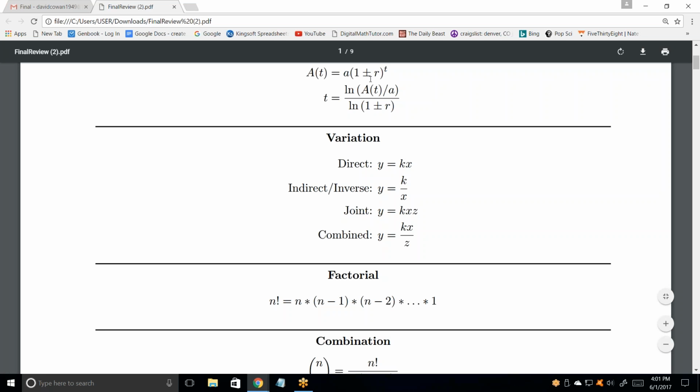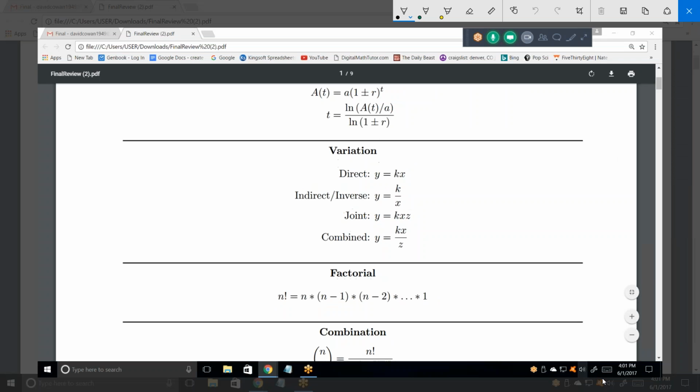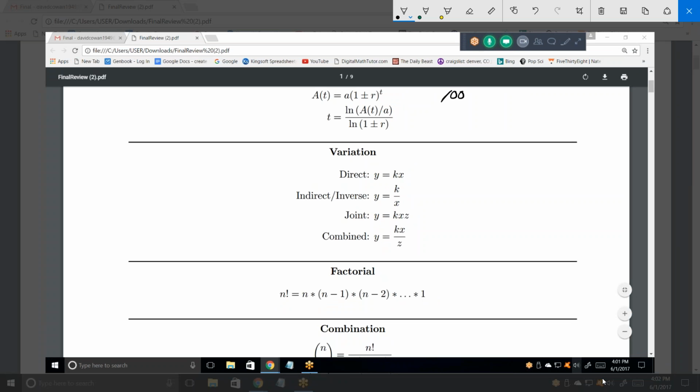I asked you how you would do it, and you said you would take 100, multiply it by 1.09. That's what you'd have at the end of the first year, right? And then you would take that, multiply that by 1.09, and you would do that 5 times because it was 5 years.